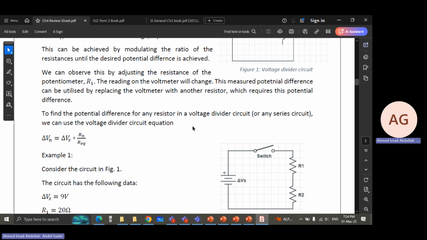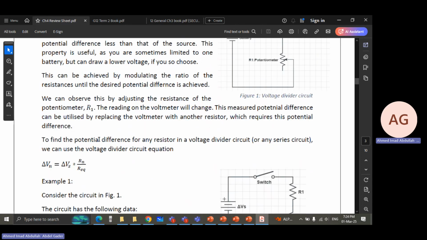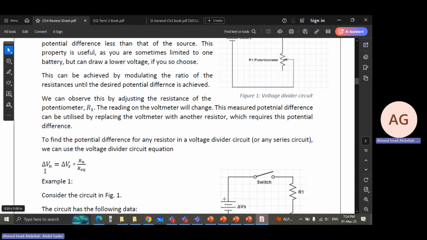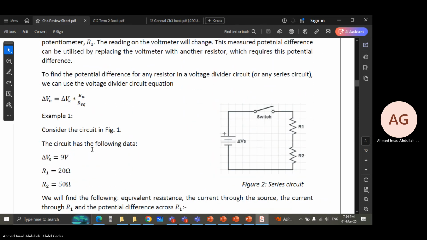So you select one of the resistors you would like to calculate the corresponding voltage for. So for instance, if we were trying to calculate the potential difference across R2, we would plug in delta V2 equals delta Vs times Rn, being R2 in this case, over R equivalent.